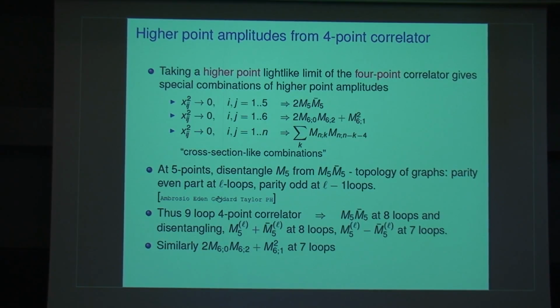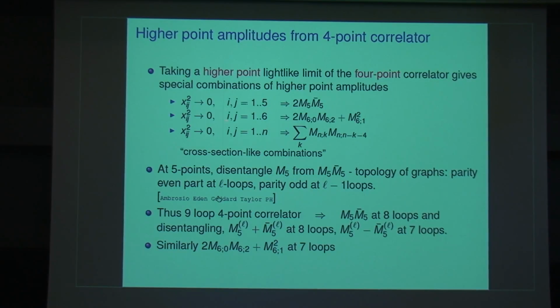So this is a nice quantity because the correlation function is a nice quantity, meaning it's just a function of x_ij squared. Whereas M5 and M5 bar by themselves have an epsilon, have a parity odd piece, and this quantity doesn't.